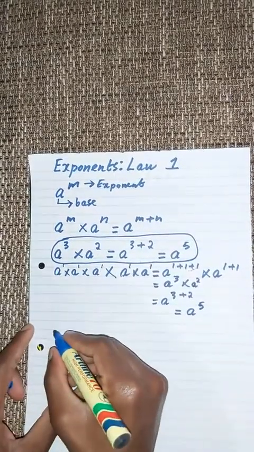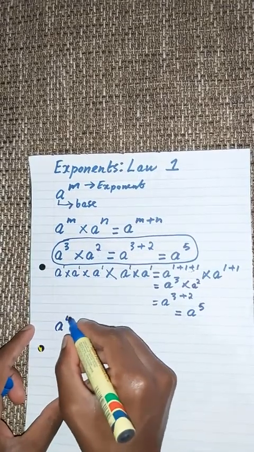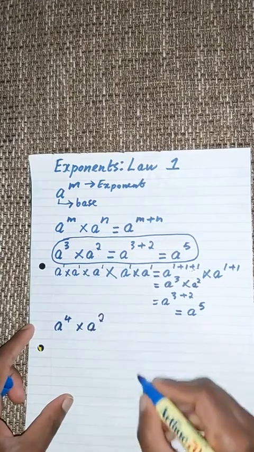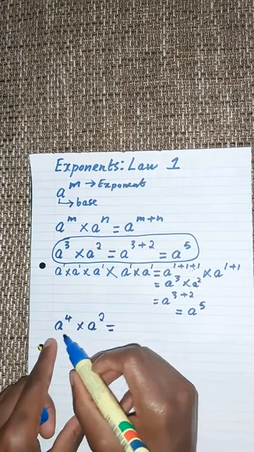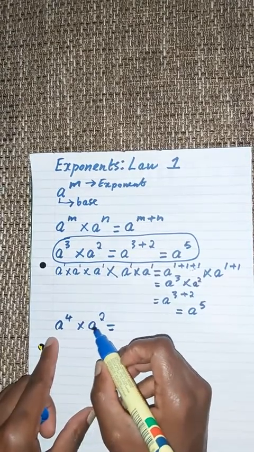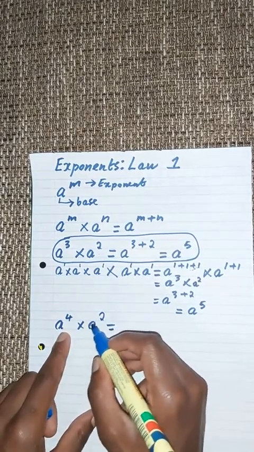So if I have a to the power of 4 multiplied by a to the power of 2, what this means is that the result I'm supposed to get is, because I have two bases of a that are similar to each other multiplying, then the exponents should add under the same base of what?